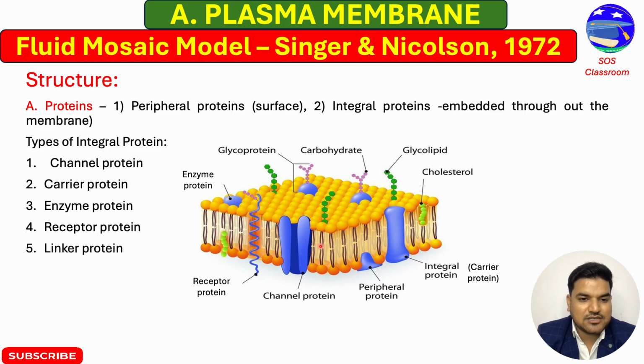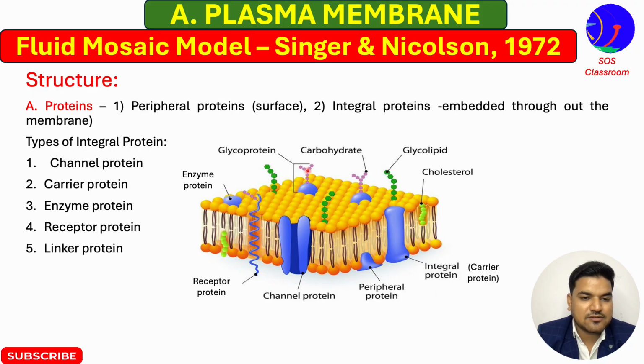You can see some proteins inside, like the channel protein. This is the channel protein. This is the integral protein, also called a carrier protein. This is the peripheral protein. Peripheral protein is present on both sides, the outer side of the leaflet and inner side of the leaflet, but not throughout the cell. You can see this is the glycoprotein.